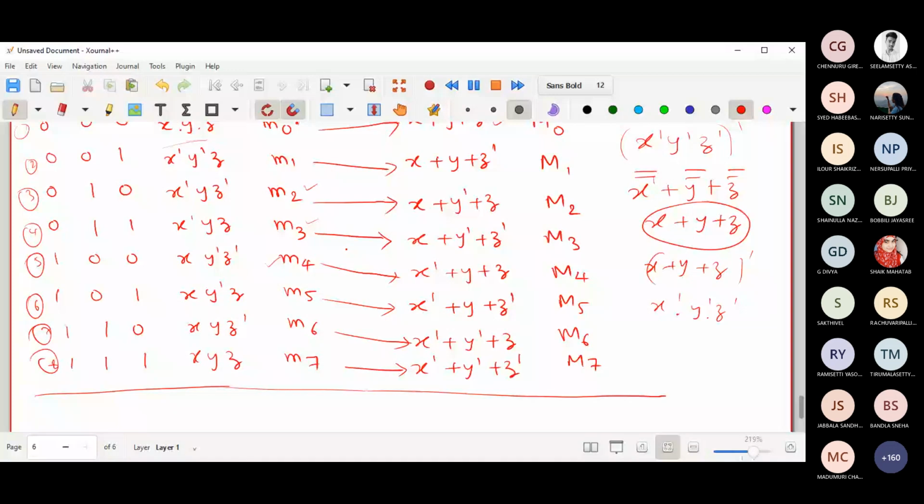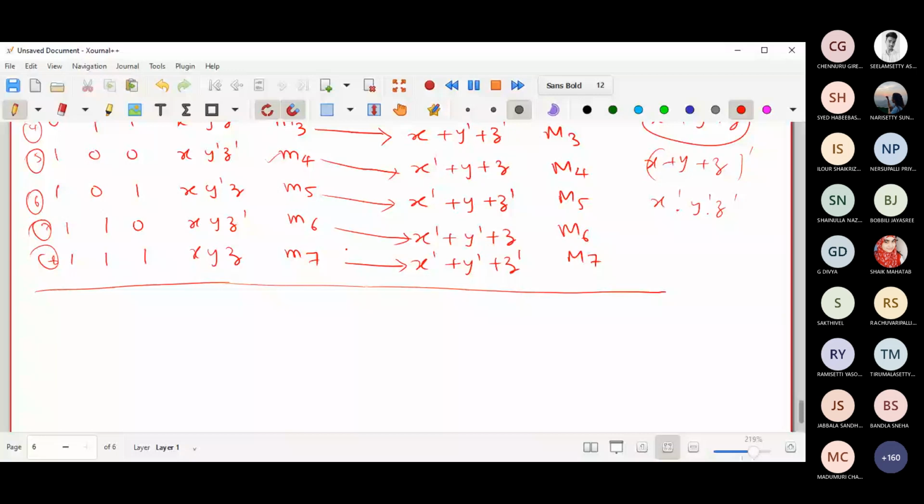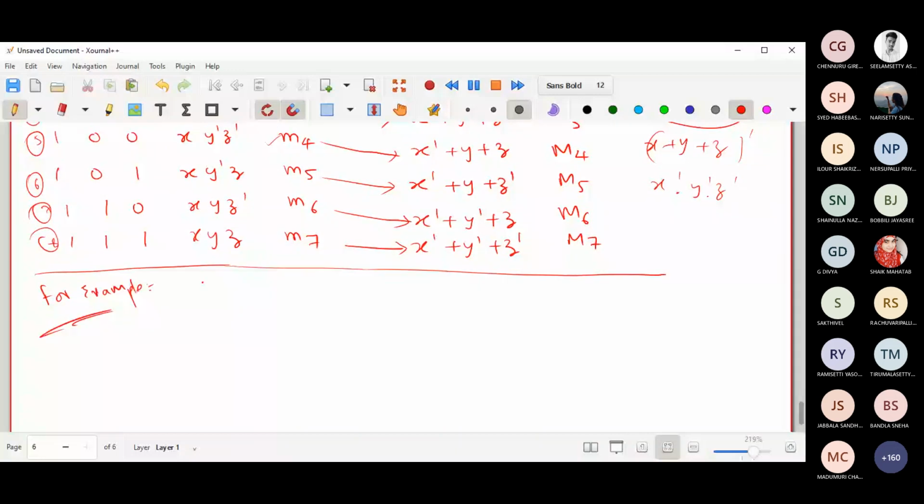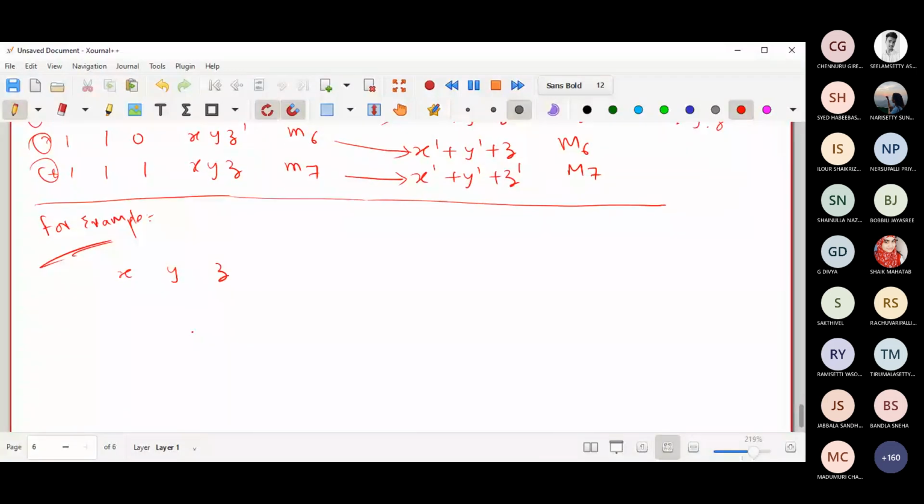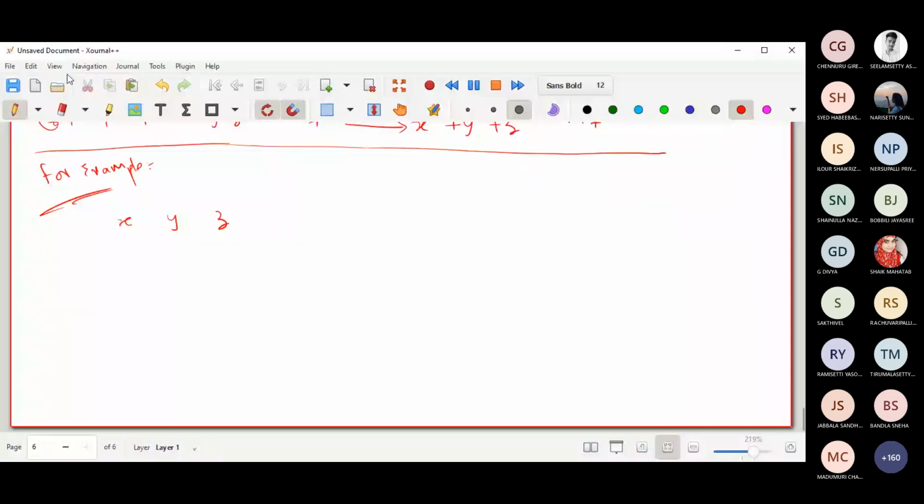Okay, I will write that one. Suppose, for example, x, y, z.